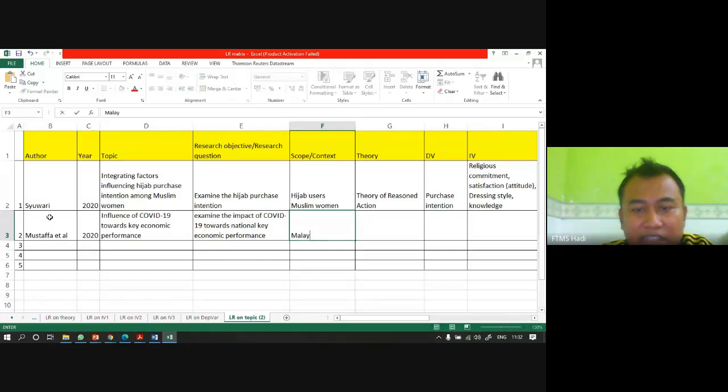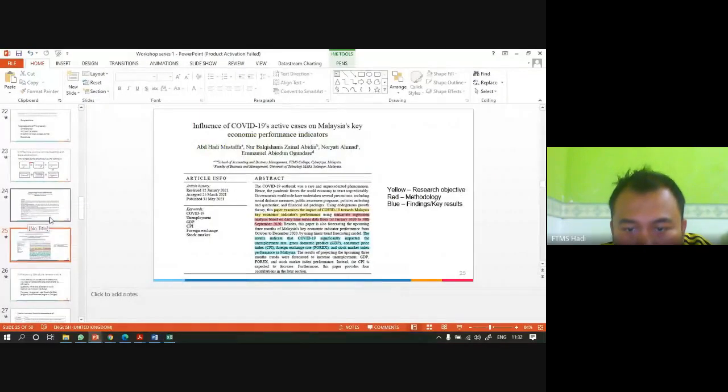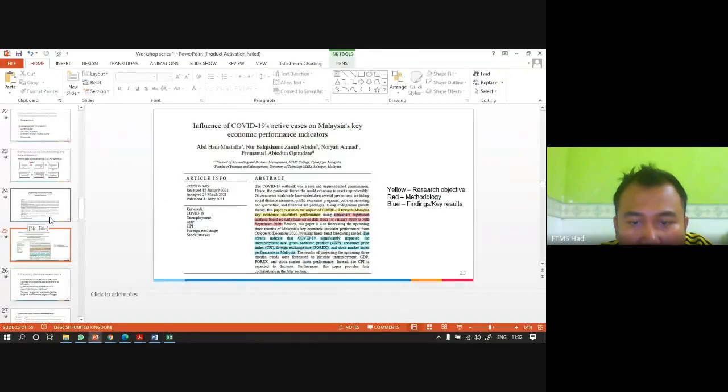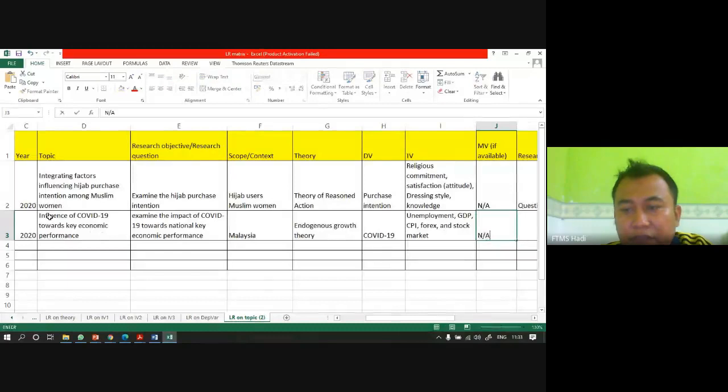For context, Malaysia, theory endogenous growth theory. My DV is COVID-19. Okay, and then my IV is what? GDP, unemployment, GDP, CPI, and then forex and stock market. Okay, MV, no, I don't have.